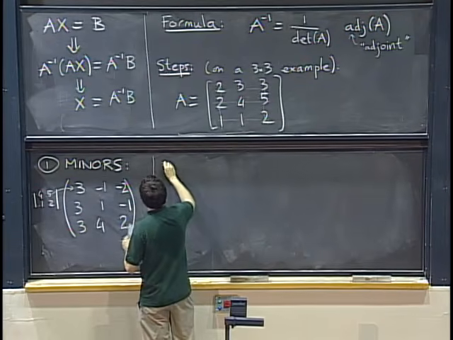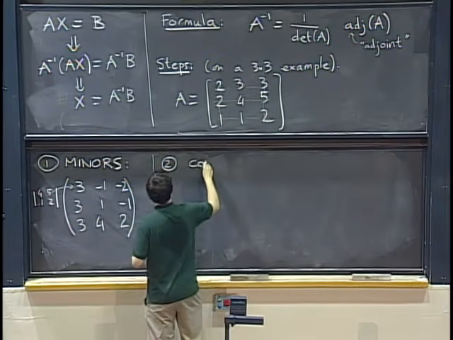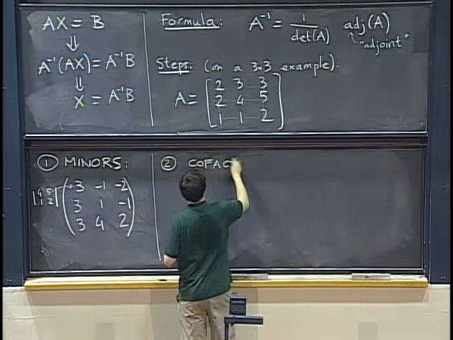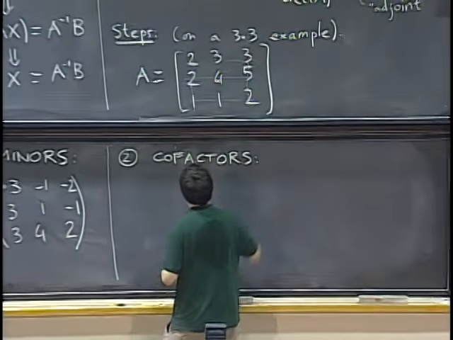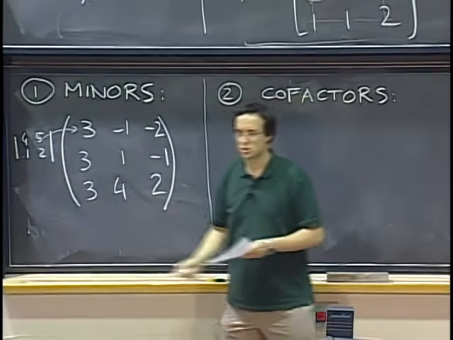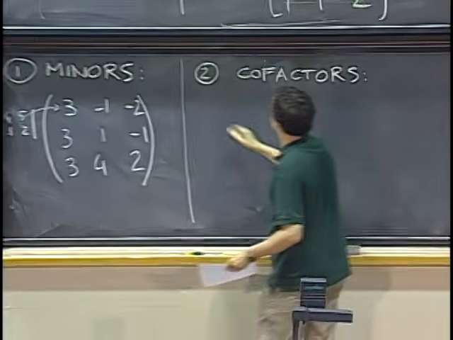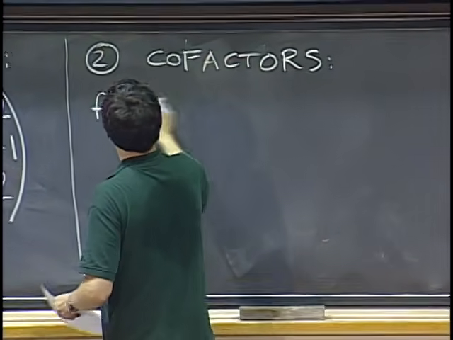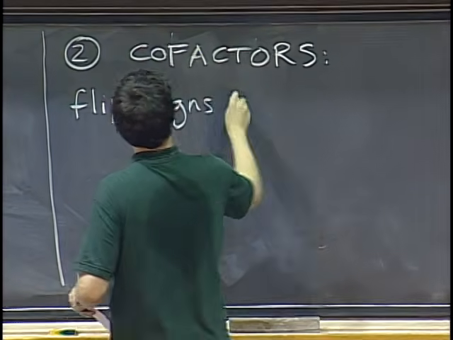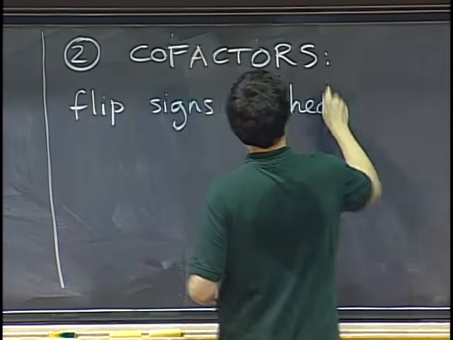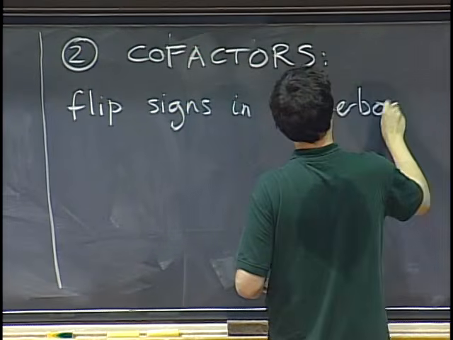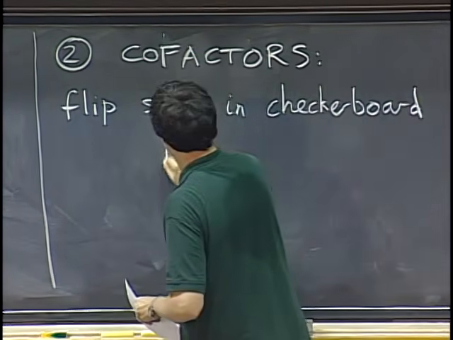Okay, step 2, we go to another matrix that's called cofactors. The cofactors are pretty much the same thing as the minors, except the signs are slightly different. What we do is we flip signs according to a checkerboard diagram.